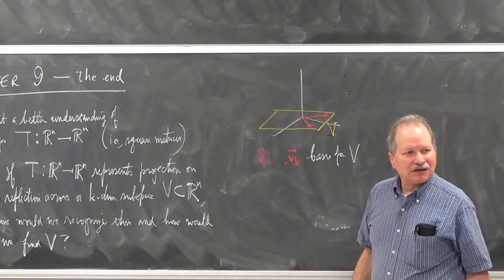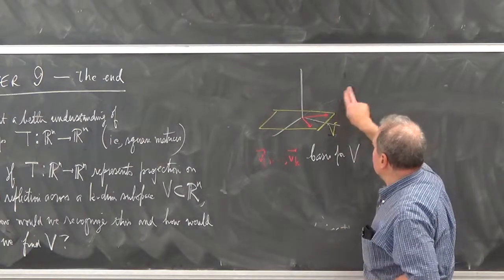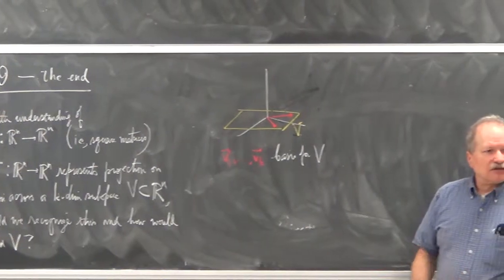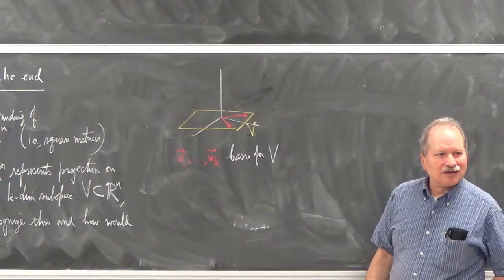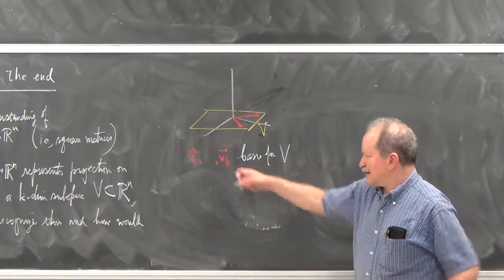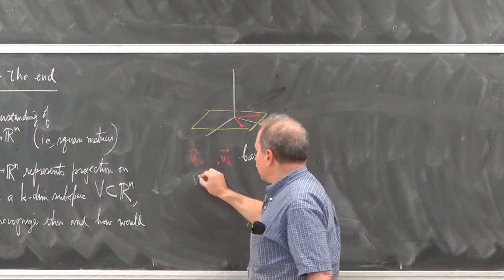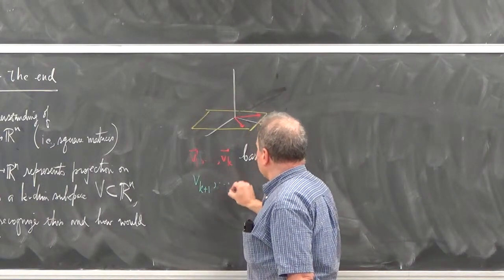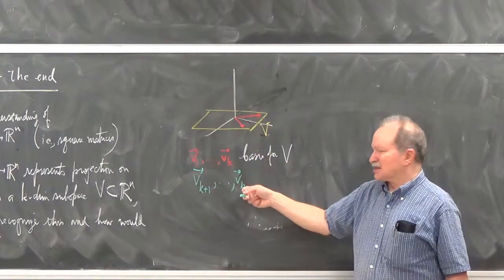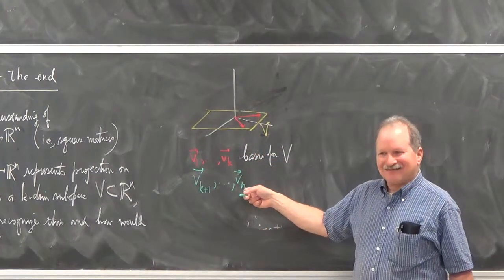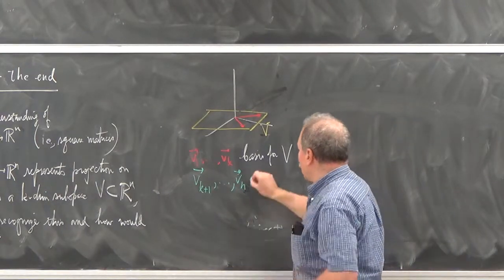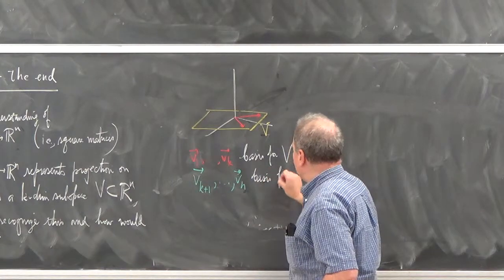But you're on the right track here. Use a basis for Rn that includes those vectors. I'm looking for n minus k more vectors to make my complete basis. How do I want to pick these guys? All orthogonal. So they should form a basis for V perp.